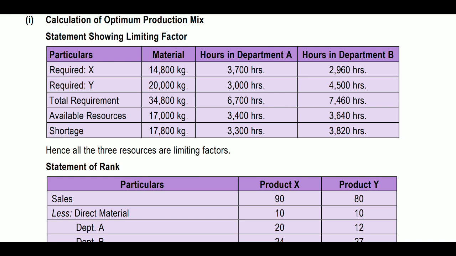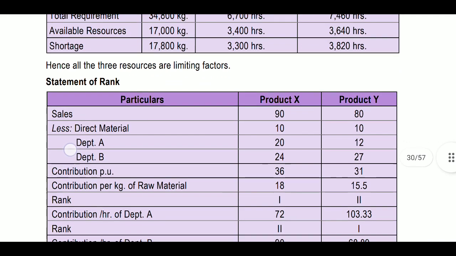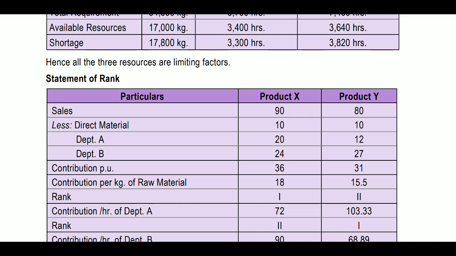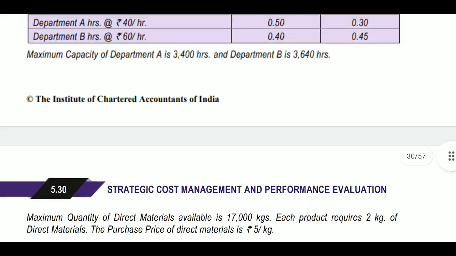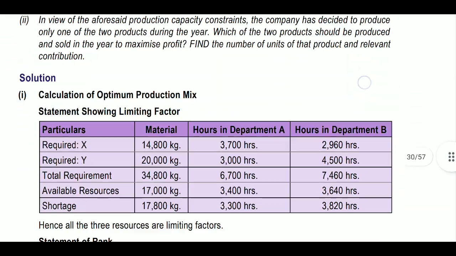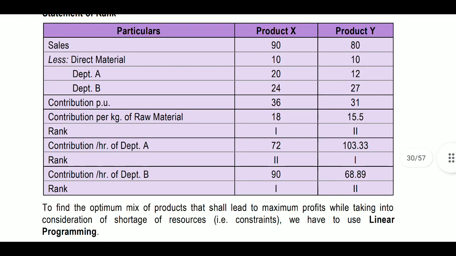Now we will go for the statement of rank. What is the sale price? Sale price provided was 90 rupees and 80 rupees. Direct material will be 10 rupees, 10 rupees.